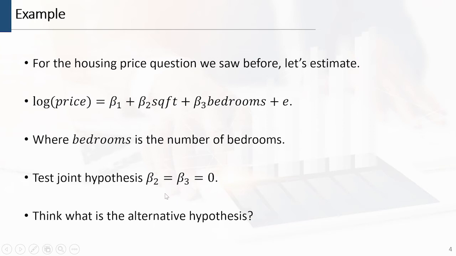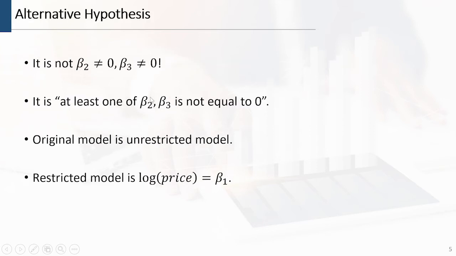In order for both beta 2 and beta 3 being 0 to be untrue, you don't need both of them to be different from 0, but as long as one of them is different from 0. So the alternative is that one of beta 2 and beta 3 is not 0.